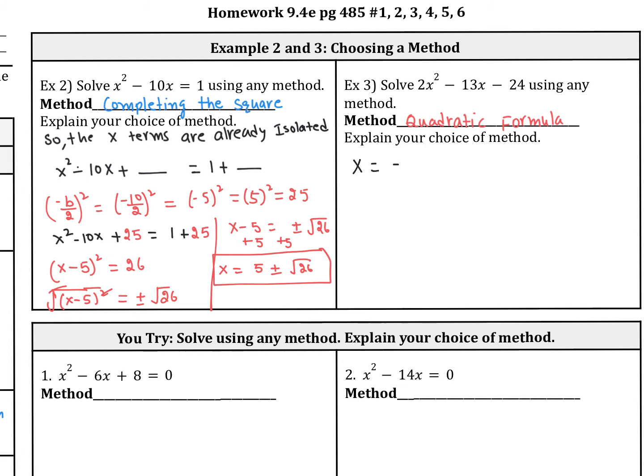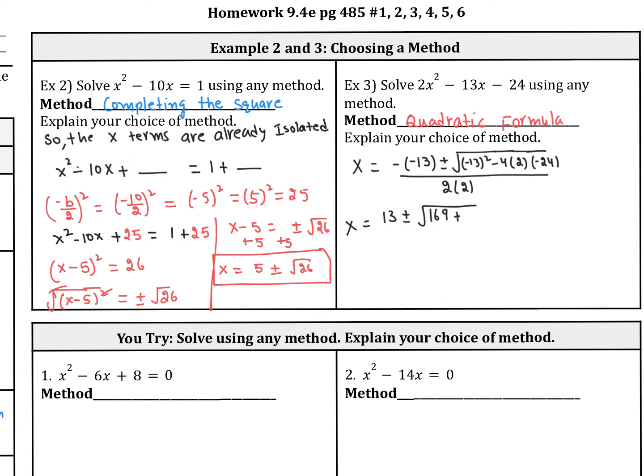So x equals negative b plus or minus square root of b squared minus 4ac, all over 2a. I understand the calculations are big, but if there is a number in the front, it's difficult to find the factors and it's difficult to do the completing the square one.